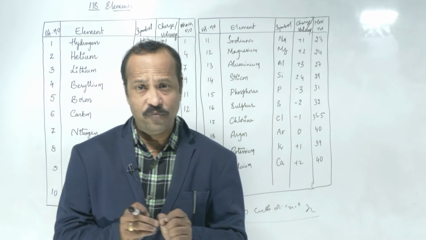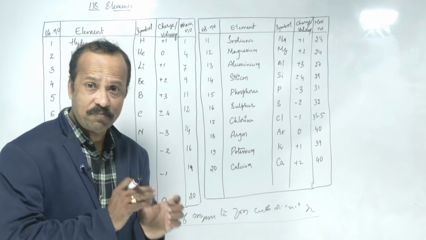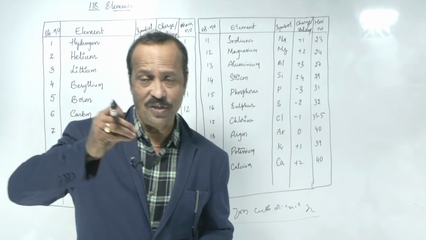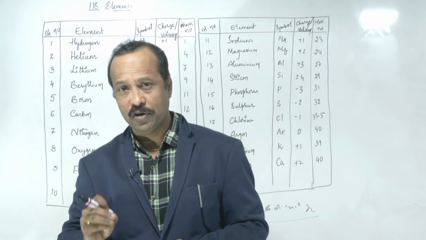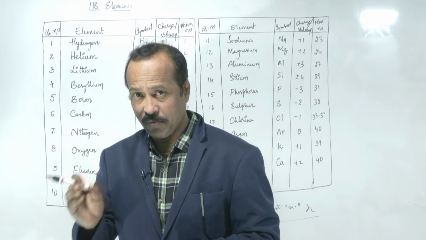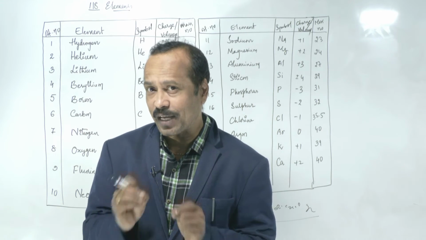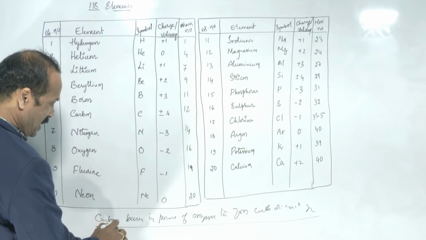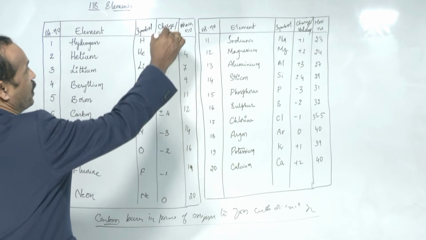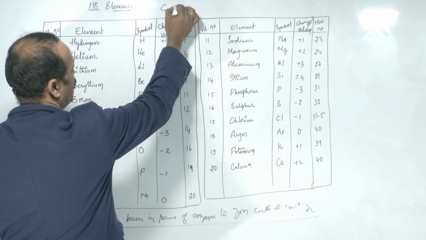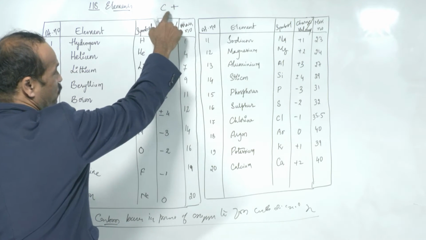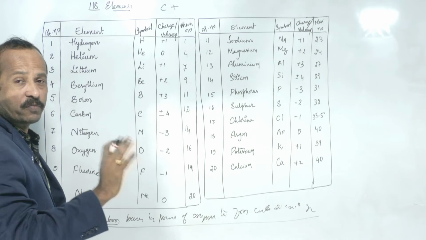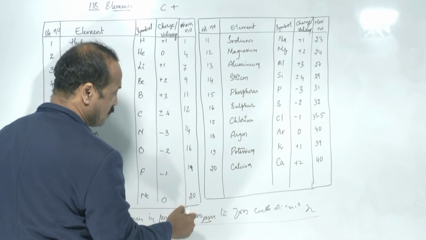Writing a chemical reaction means representation of a chemical reaction in a simple, short way by using symbols and formulae, which is called a chemical equation. So how can I write it? Carbon symbol is C. Burning, in presence of, we write plus.